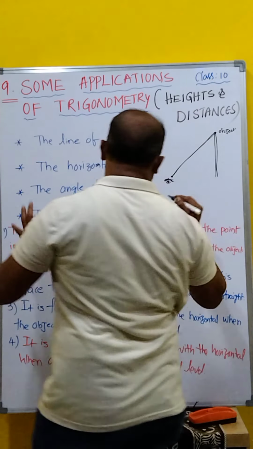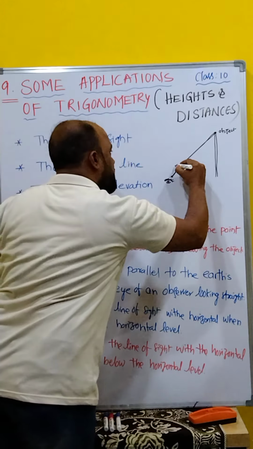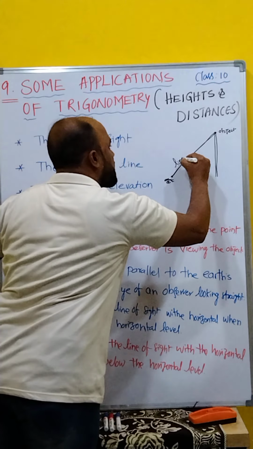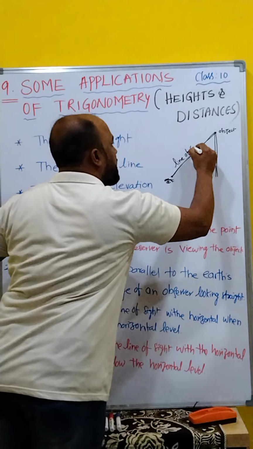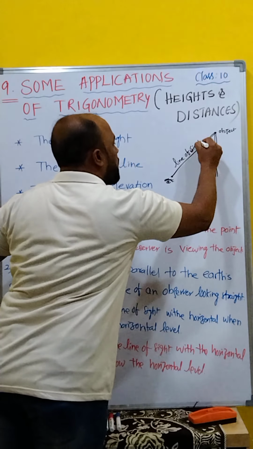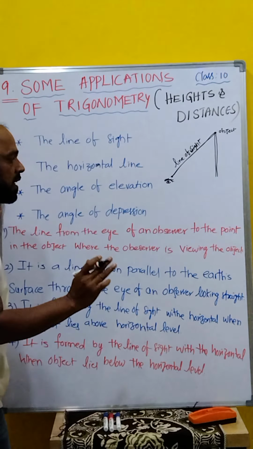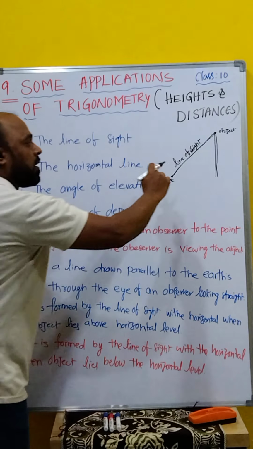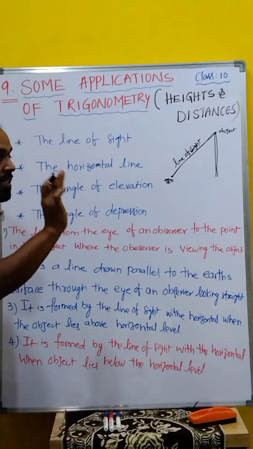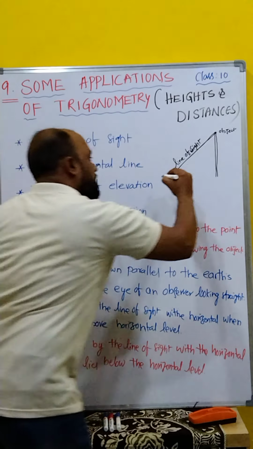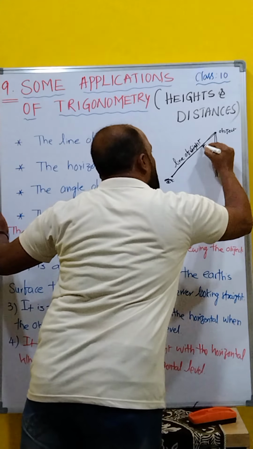Whatever line is forming, that is the line of sight. Clear, children? In this case, the object is up and the observer is down. This is the line of sight.